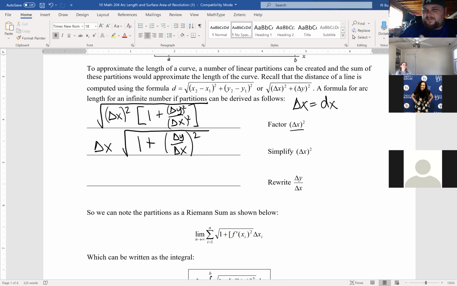And then we represent slope in calculus with a derivative. So delta x becomes dx, and delta y over delta x is dy/dx. If you really want to, we can also rewrite dy/dx as f prime.